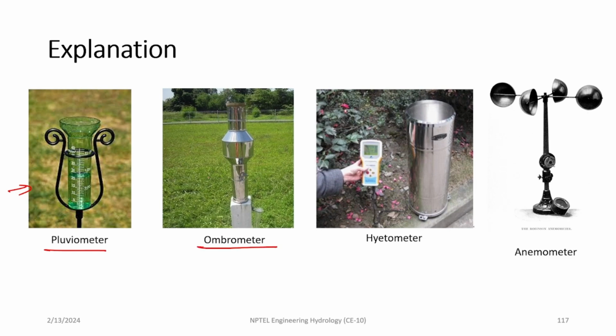For the ombrometer, you can see it is a steel kind of rain gauge, and similarly the hydrometer, as you can see from the picture. It is just for your information. And for the anemometer you can see the picture. There is a digital setup where electronically we can get the number of revolutions, and using the number of revolutions with time we can compute the wind speed.